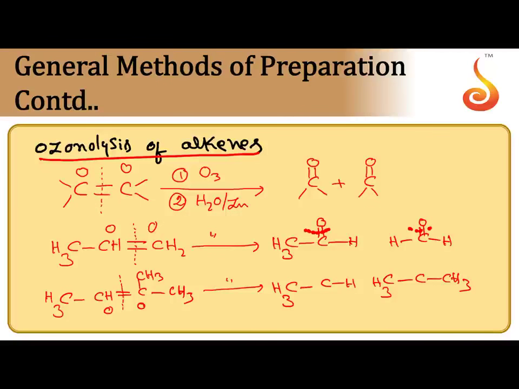So attach oxygen to both the carbons. Carbon taking oxygen, here carbon taking oxygen. So one is acetone, the other one is acetaldehyde. Sometimes when products are given, you have to guess the alkene. For that purpose, you have to remove 2 oxygens and connect both the carbonyl carbons through a double bond.